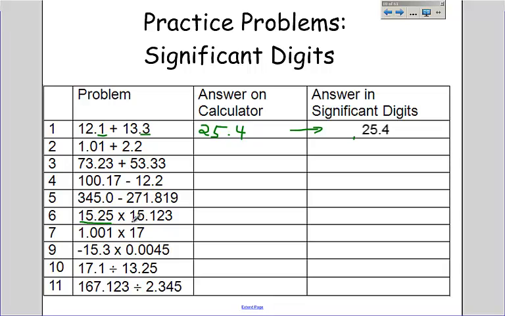Okay, so how many numbers do we have in the entire value? So for the first one here, we have 4 significant digits. In our second number here, we have 5. Okay, we don't have any zeros, and all of our numbers are between 1 and 9. So we think about, okay, which one has the least number? So if we have 4 and 5, obviously our answer here would be 4.